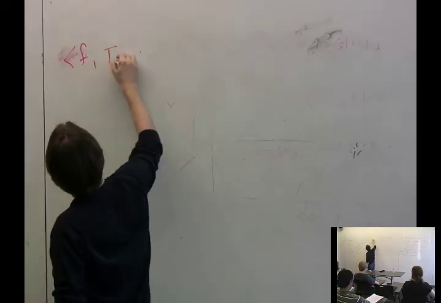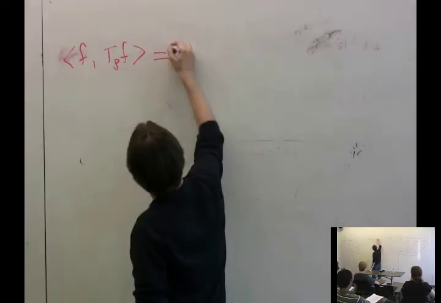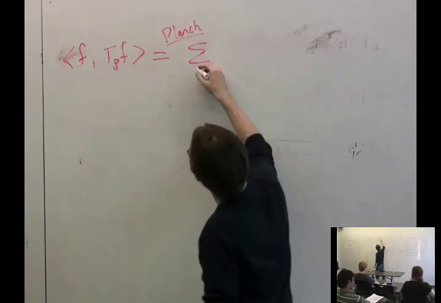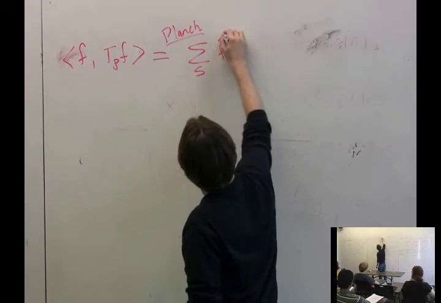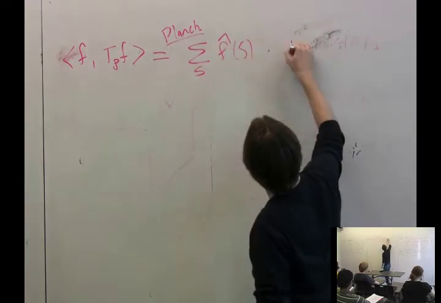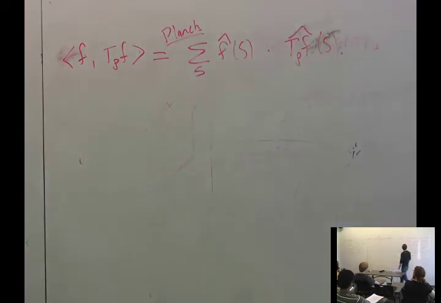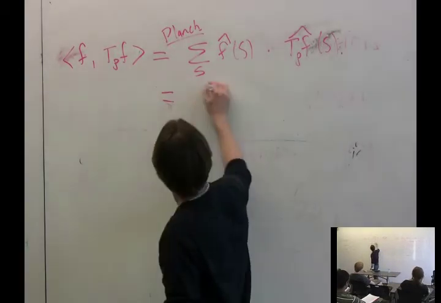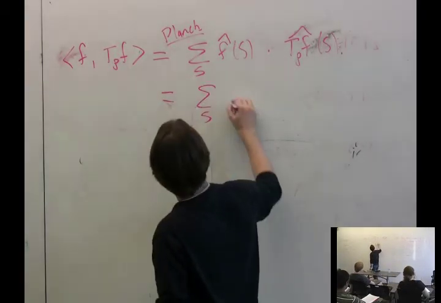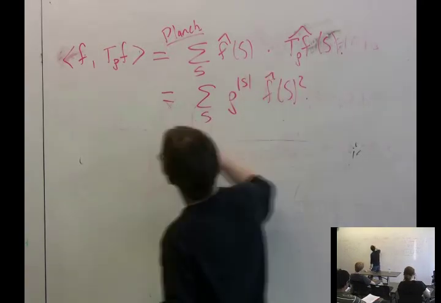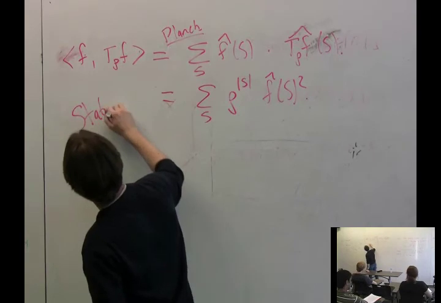For the inner product of f with T rho f, Plancherel tells us that this is the sum of the product of the Fourier coefficients, f hat s and T rho f hat s. And we know what that coefficient is. The coefficient on x to the s here is rho to the s times f hat s. So we get the sum of rho to the cardinality of s times f hat s squared. This is the noise stability at rho of f.